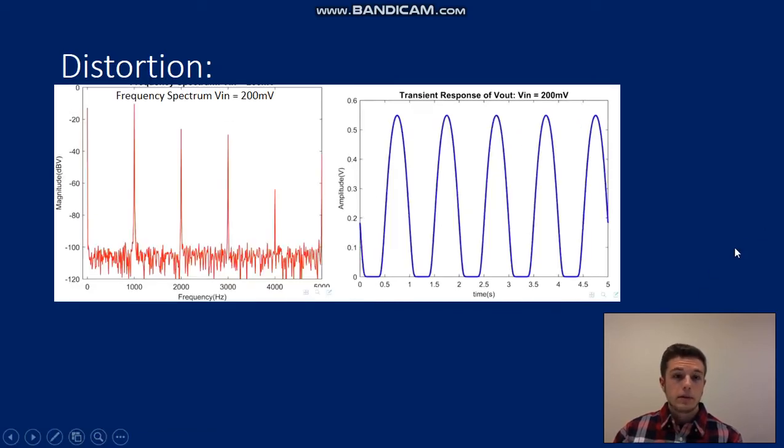Now I will talk about distortion, which is where you increase the value of A in the V in so much that it creates resonant harmonics at different frequencies that were not in your original input, therefore making the output nonlinear with a higher A value, in this case 200 millivolts instead of 10.